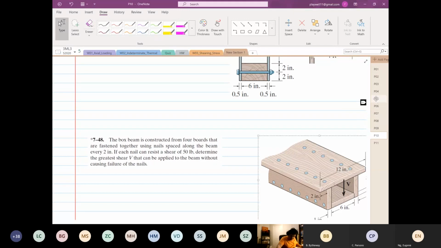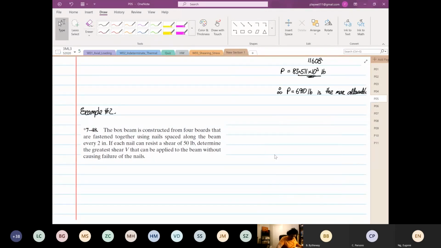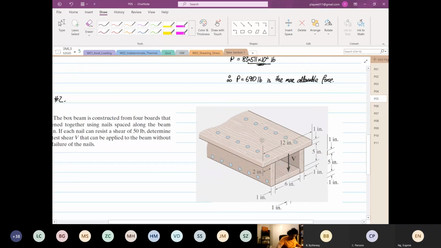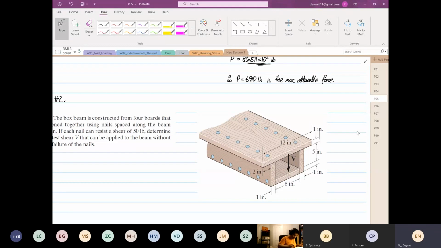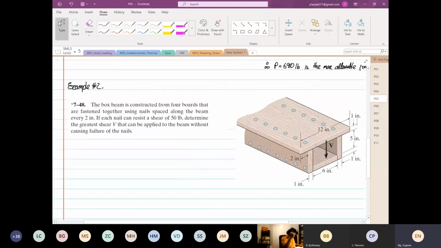So this is our structure now. It's not exactly the same. This is called a box beam, constructed from 4 boards that are fastened together using nails, spaced along the beam every 2 inches. So every 2 inches, we have a nail. So we have s equal to 2 inches, right?